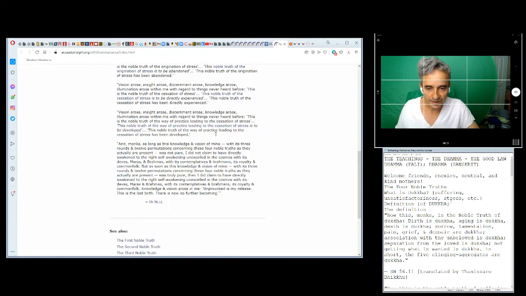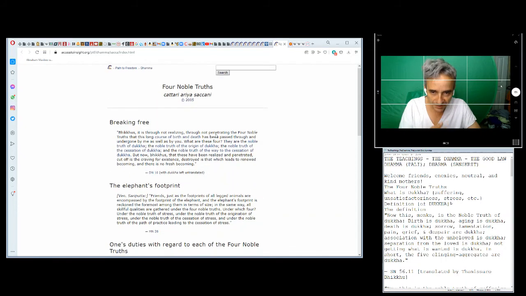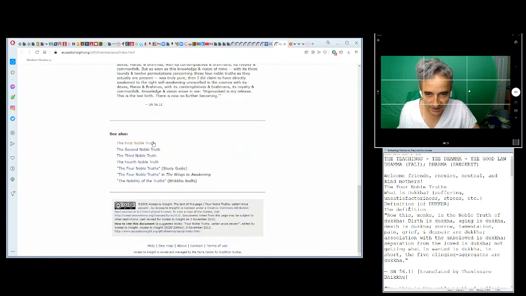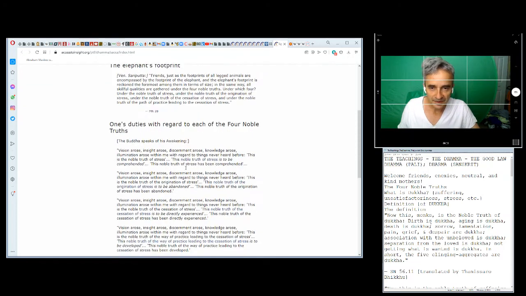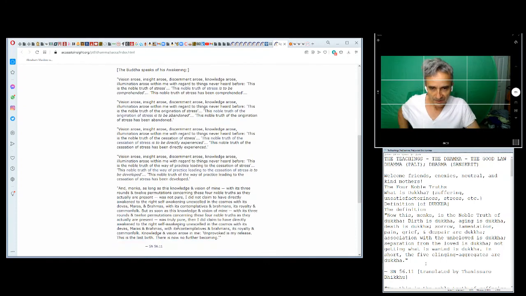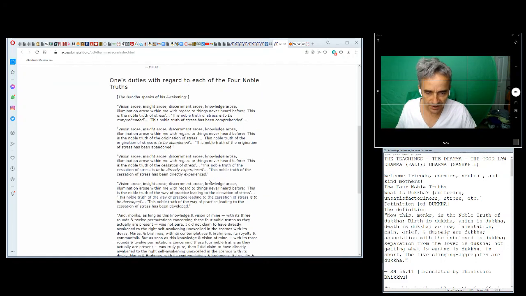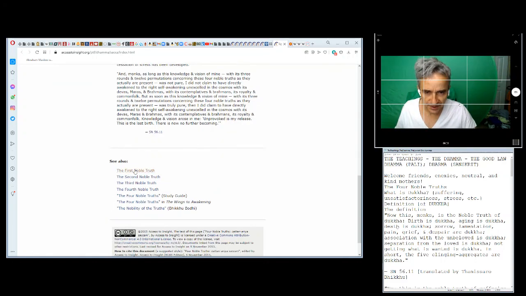So, yes, I've used suffering mostly, but then I've considered unsatisfactoriness and stress, or leaving it untranslated, like it was done with the translation that we saw by Thanissaro Bhikkhu over here.